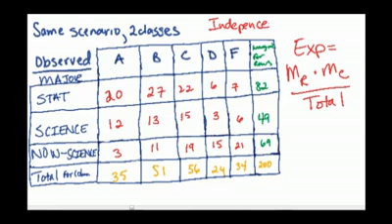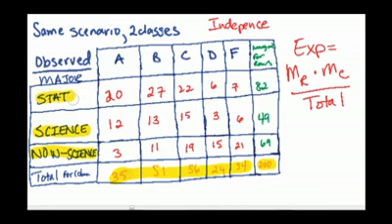Because we have the same scenario as earlier, the total grades from a certain class are divvied up into three different groups: the number of stat majors that got the grades in that stat class, science majors, and then the non-science majors. When you sum up those totals, you get the totals from the previous chi-squared example that added up to 200, if you watched that video for the goodness of fit, one population.